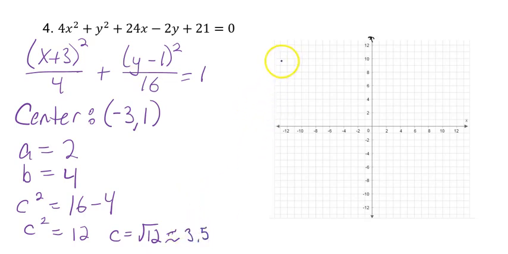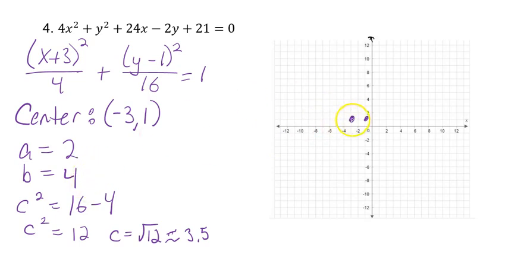And so now when I go to draw this, I have to remember to count everything from the center. So I'm at -3, +1, which is right here for my center. My A would be 2, so I'm going left and right 2. So here and here.